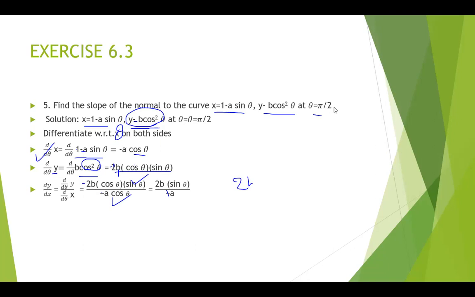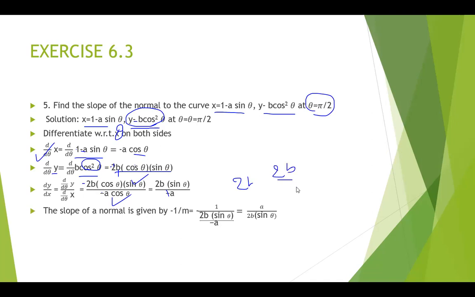But at theta equal to pi by 2 they told, it is 2b upon a into sin of pi by 2, which is 1. So this is our m. But what is our slope of normal? It is always minus 1 upon m. So I write in the denominator minus 1 upon 2b sin theta upon a.